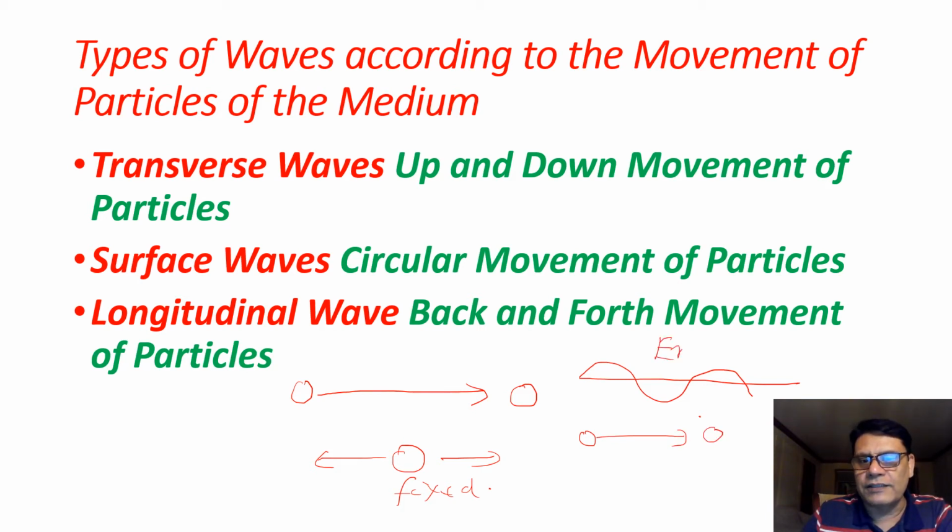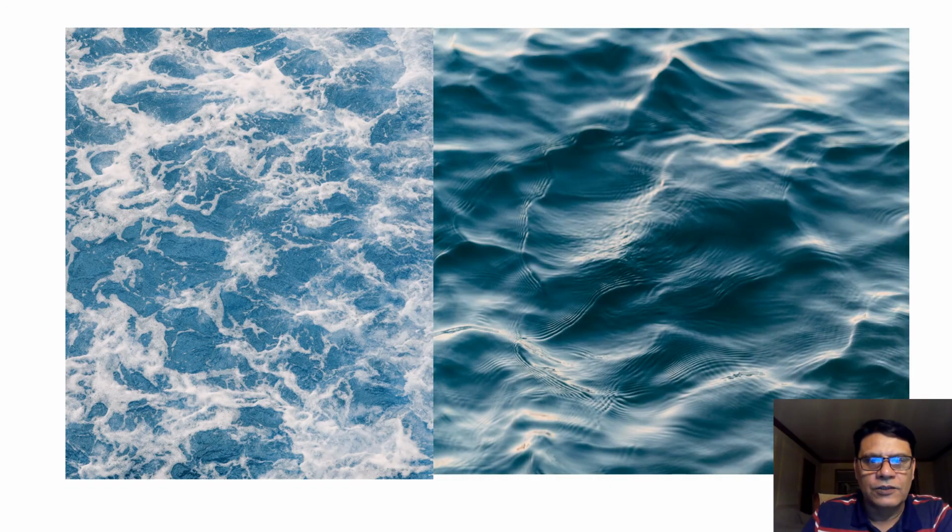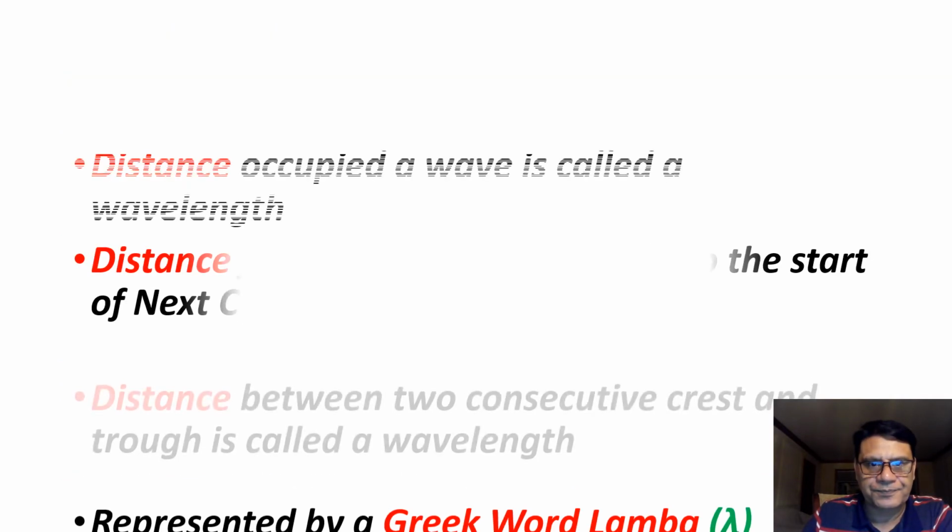Only energy is transferred. In the case of ultrasound waves, pressure energy is transferred, and in the case of electromagnetic waves, electromagnetic radiation energy is transferred from one place to another. These are examples of surface waves, and when wind rubs against the surface of the water, such waves are produced.